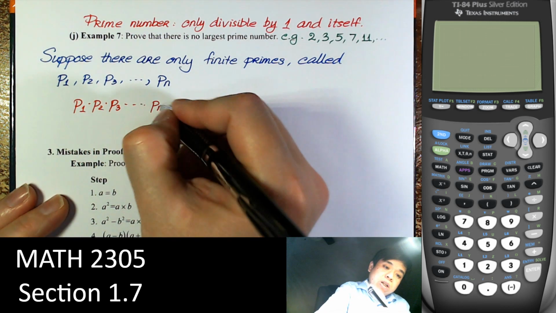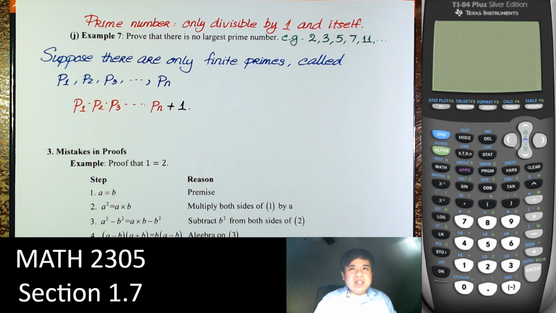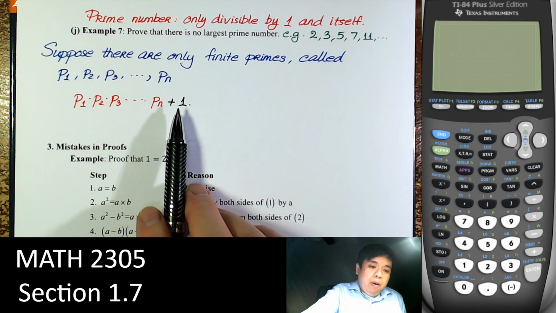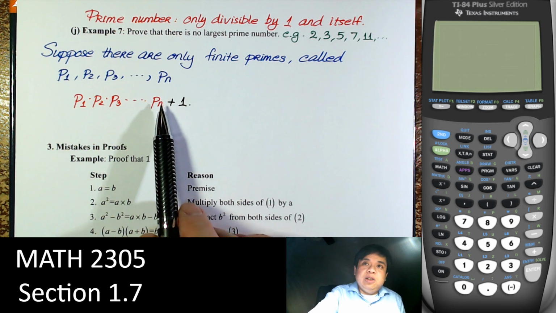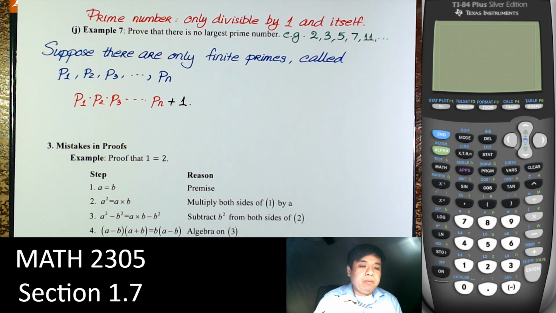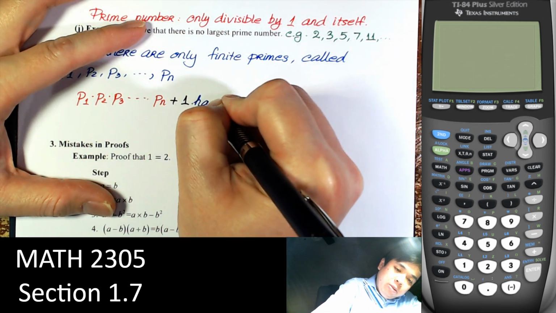What we do is add 1 to it. Just this little trick makes it not divisible by P1, P2, P3, or Pn. So because of that, it has to be prime.